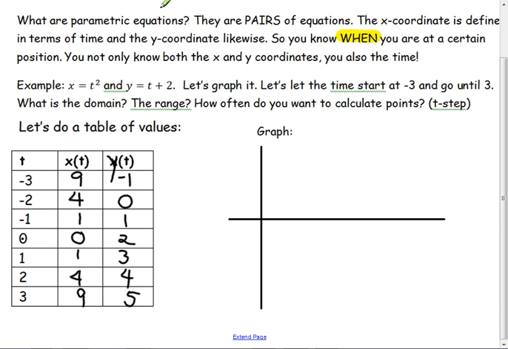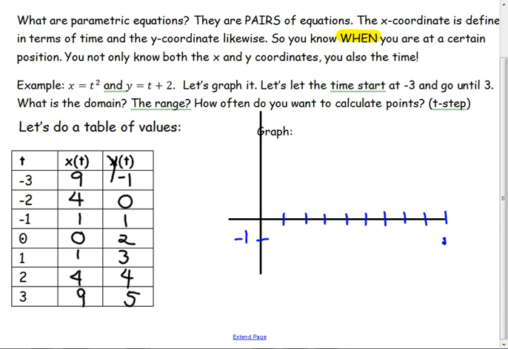Okay, so when t is equal to -3, my x value is at 9. You really should be doing it with me. And my y is at -1. So 9, -1. And I get the direction it goes as well. So when you do these problems, even if you're using a graphing calculator, you know the direction.